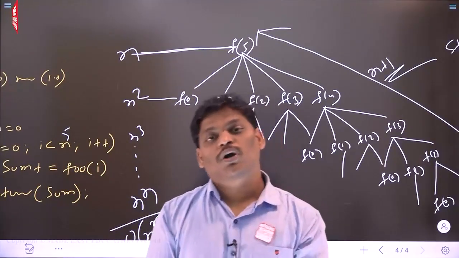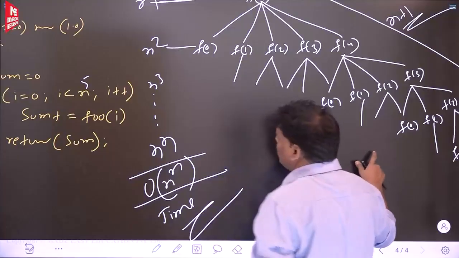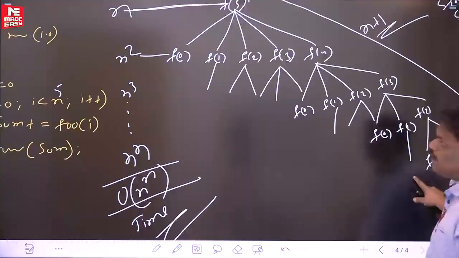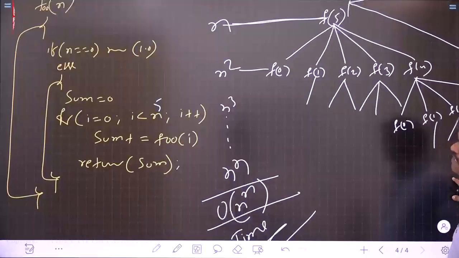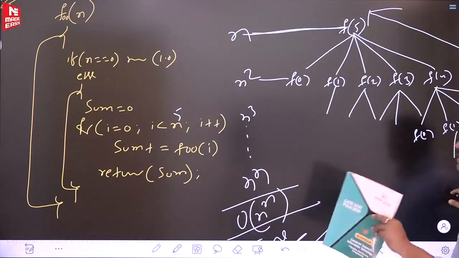Normal program will compute all. If you compute all, how much time? N power n. So he is asking what the space complexity of this program is if you use dynamic programming, which computes only distinct function calls.